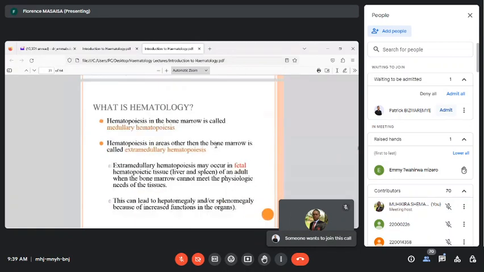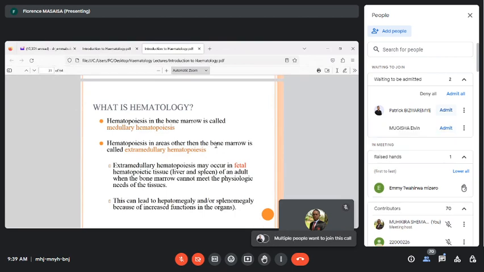So hematopoiesis, as I said, from the 4th month of intrauterine life, is only done in the bone marrow in normal conditions. We call it medullary hematopoiesis. When it is outside of the bone marrow, it's called extramedullary hematopoiesis. In fetal life, it is mostly in the liver and the spleen.